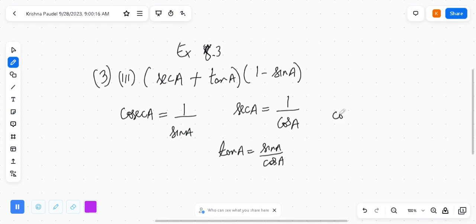And whenever the trigonometric ratio cot is there, we have to convert it to cos by sine.